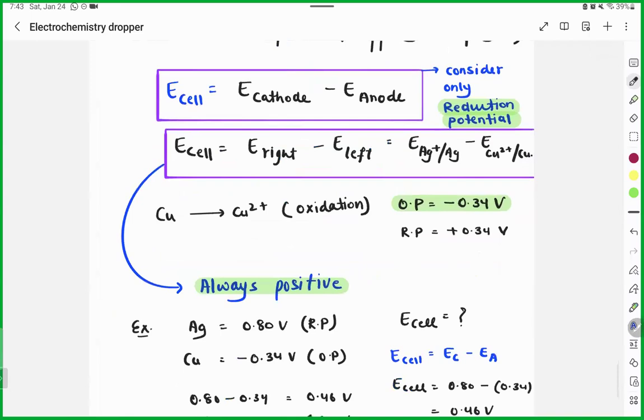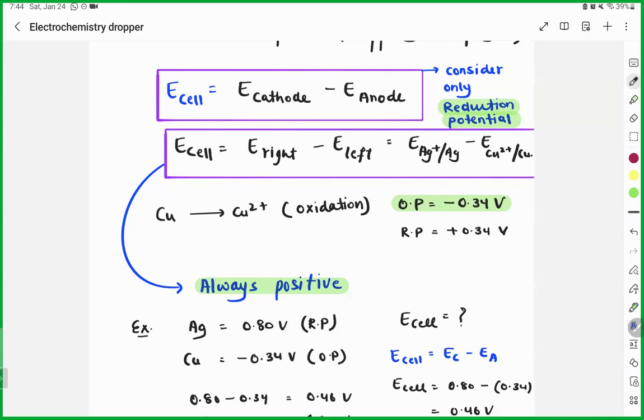Whenever you calculate cell potential, between two elements like copper, zinc, copper or Ag or any other, usually teachers go for the three formulas, which are correct. But I also know when I used to do this, I always had confusion. So to reduce it, I have only one point.